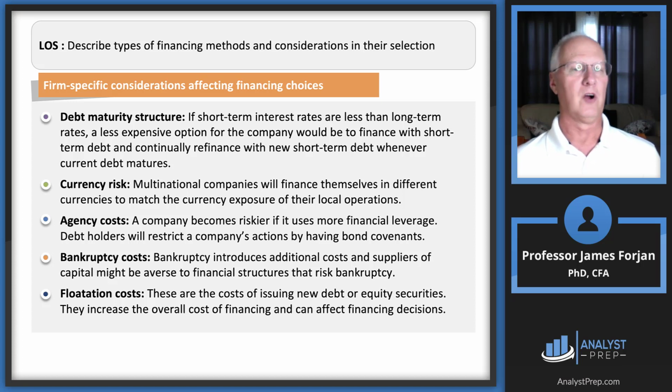Oh boy, agency costs. This is a great topic for me. I love telling students about the natural battle between the shareholders and the executives that they hire to manage their capital. And of course, the agency conflict changes as the firm uses more financial leverage. So look at that last sentence. Debt holders will restrict the company's actions by having bond covenants.